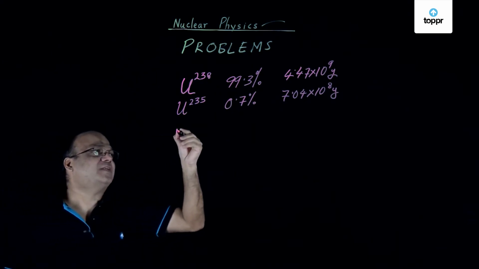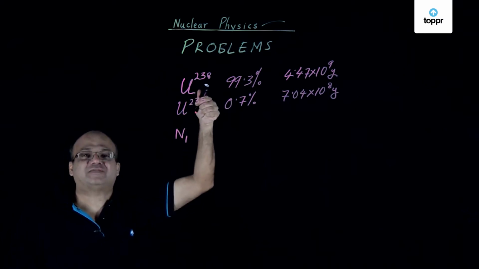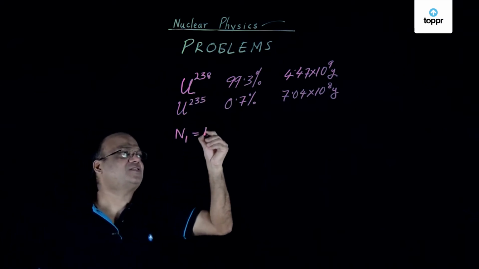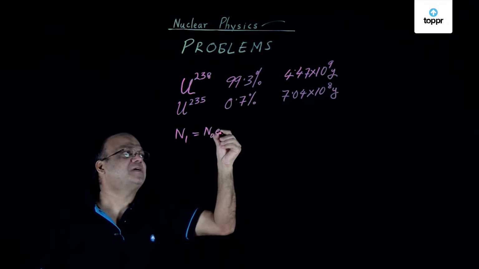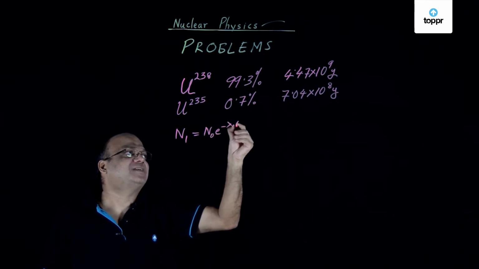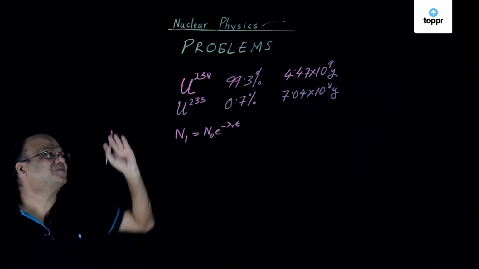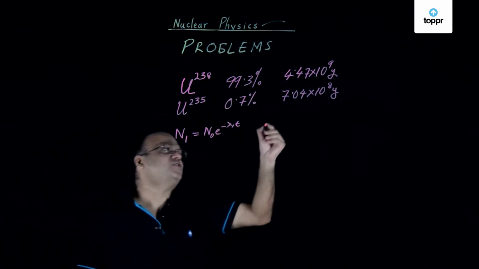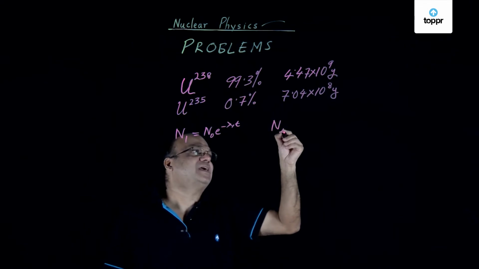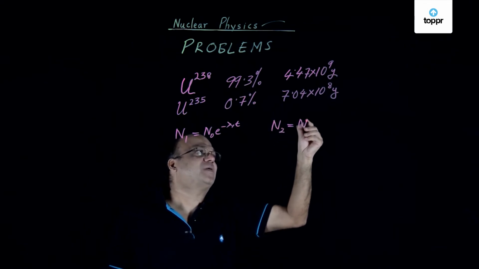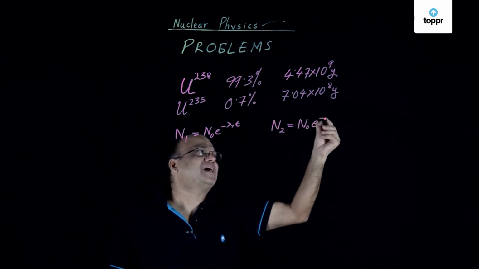So n1, number of nuclei of this, will be n0 e to the power minus lambda 1 t. Lambda 1 corresponds to lambda of U238, say. N2 will be n0 e to the power minus lambda 2 t.